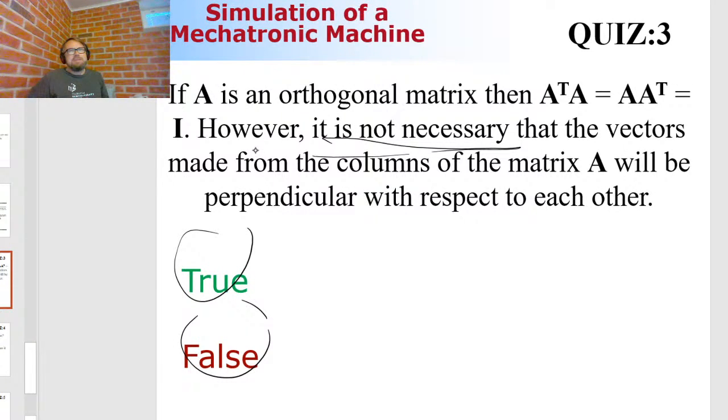Let me hear that. Go ahead and enter your answer to Socrates. And again, if A is an orthogonal matrix, is it then necessary that the columns made of the matrix are perpendicular with respect to each other? True or false?